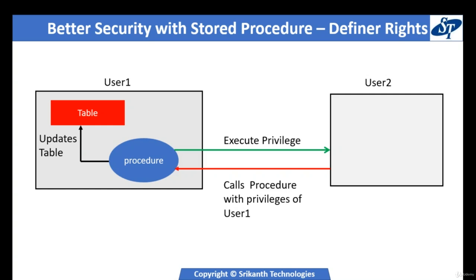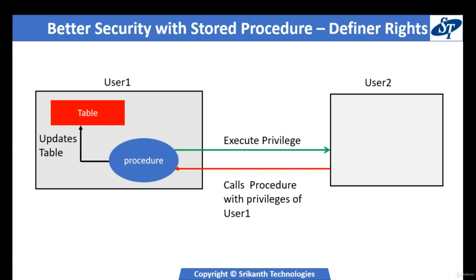In other words, user 2 is running the procedure with the privileges of user 1. So when user 2 is invoking the procedure, Oracle takes user 2 as user 1. Whatever privileges user 1 enjoys, the same privileges user 2 is also going to enjoy, but only when he is running the procedure.